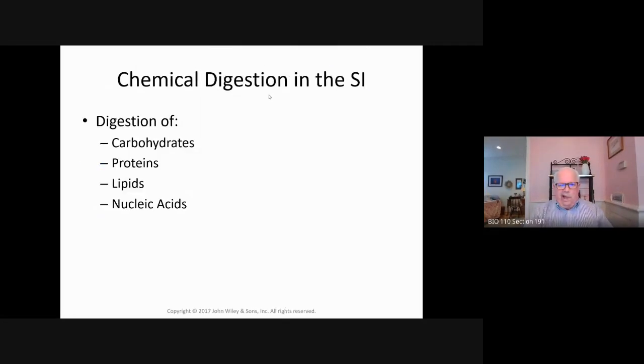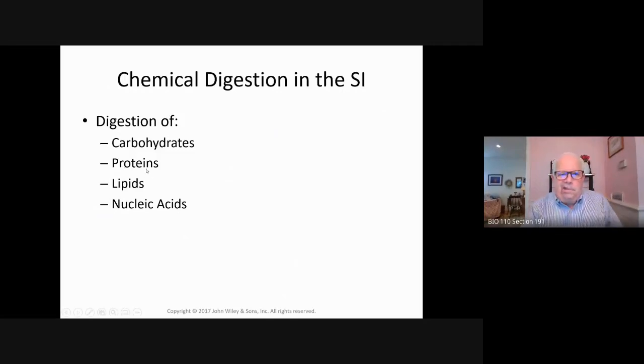In the small intestine, you digest everything. You digest carbohydrates from the amylase and lipase of the pancreas. Remember, the pancreatic duct attaches to the common bile duct and it empties into the duodenum.